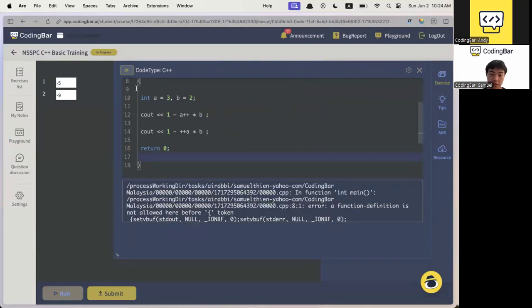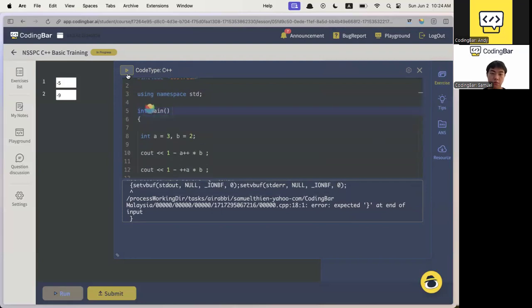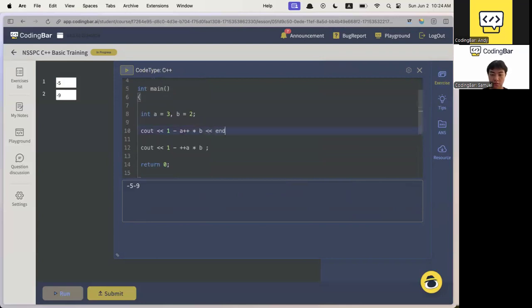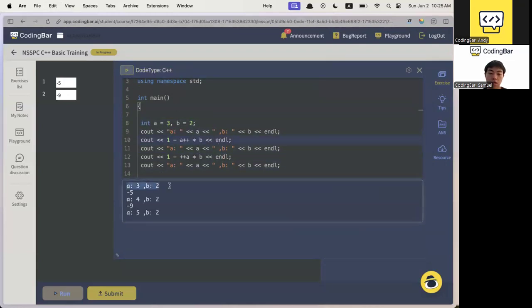Let's run this first. I'm going to output A and B. Initially, A is 3, B is 2.